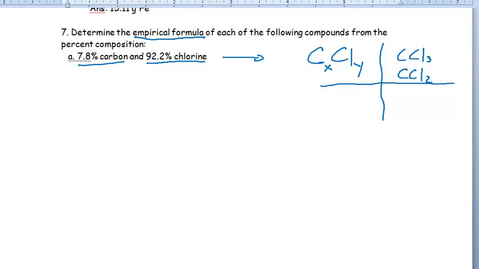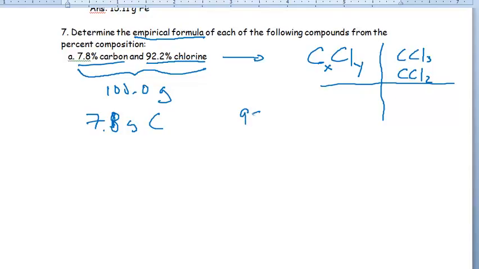These are percentages. So what we can do is let's pretend that we have exactly 100 grams of the compound. And if we had 100 grams of this compound, then we would have 7.8 grams of carbon, and we would have 92.2 grams of chlorine. So that's perfectly all right to assume this.